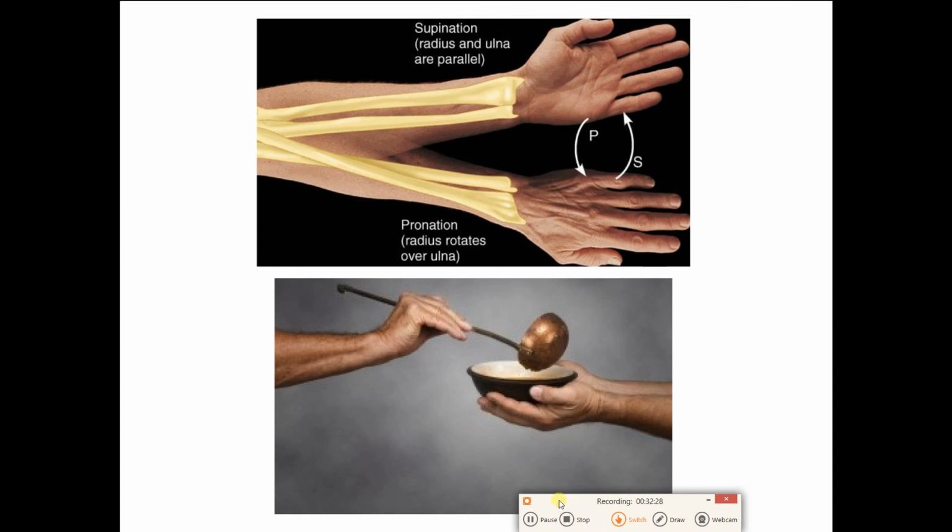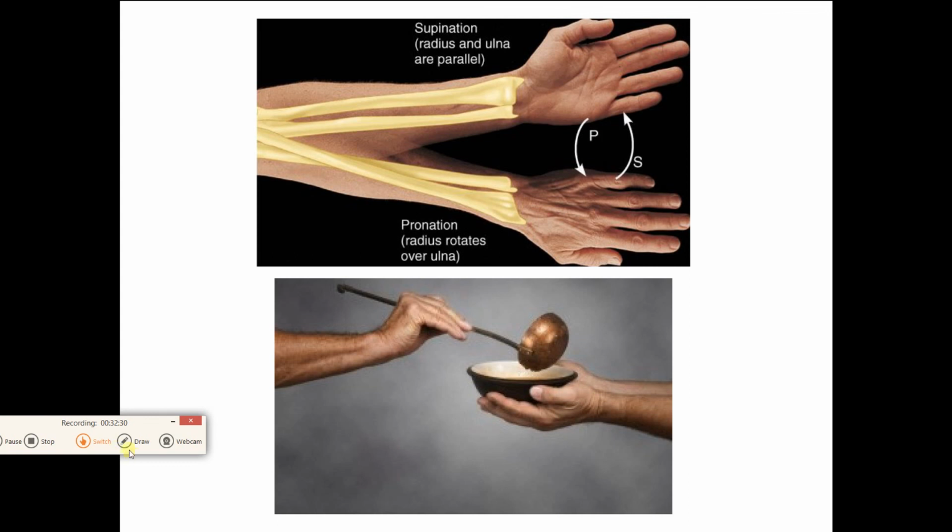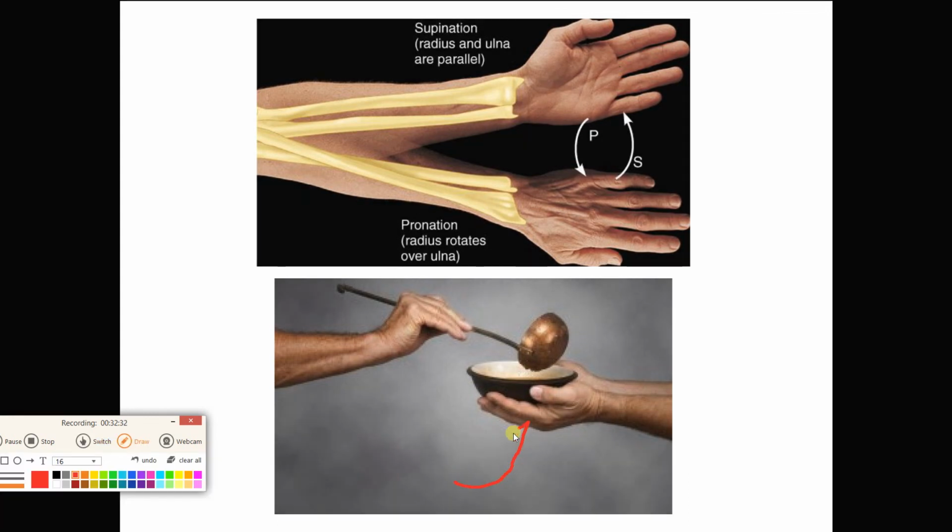So if you're holding a bowl of soup, you must have supinated your hands. If you want to hold a delicious bowl of soup in your palms like this, you are going to supinate your hands. And the guy who is serving the soup here has pronated his hand.